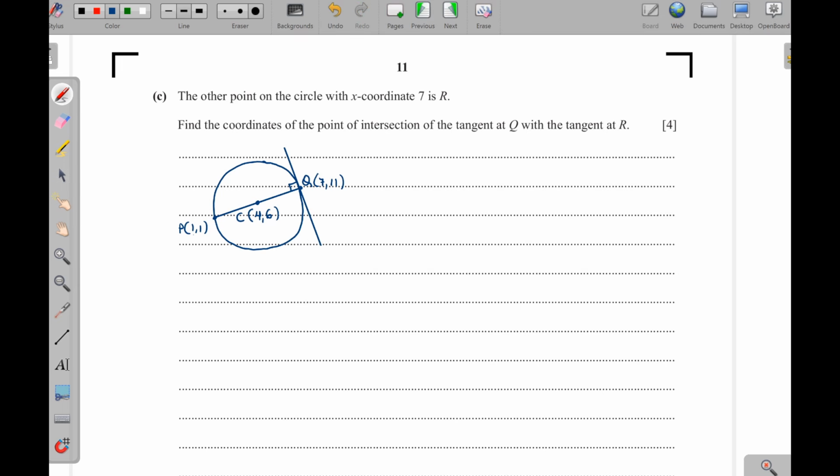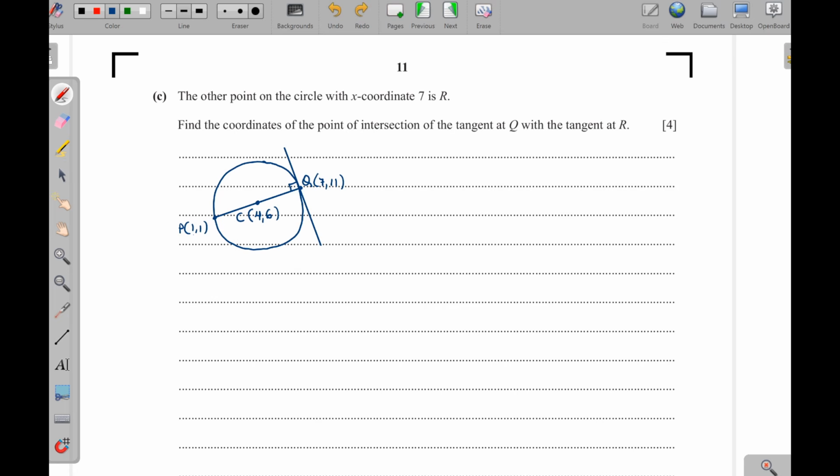Now, they are saying the other point on the circle with x-coordinate 7 is R. So if this is 7, you know those lines which are vertical are written in the form x is equal to a constant. So that means that other point has to be directly, maybe below this Q, like that.